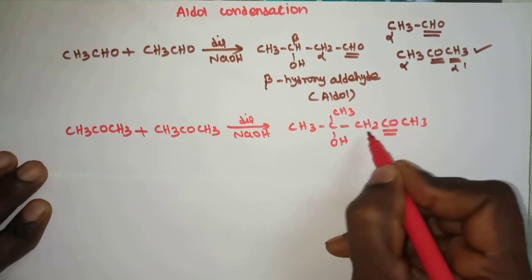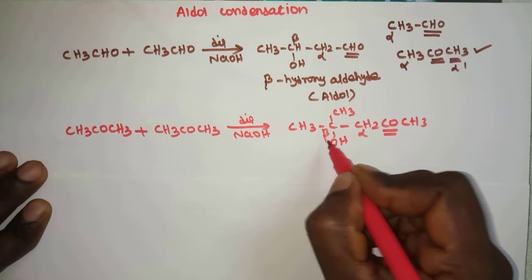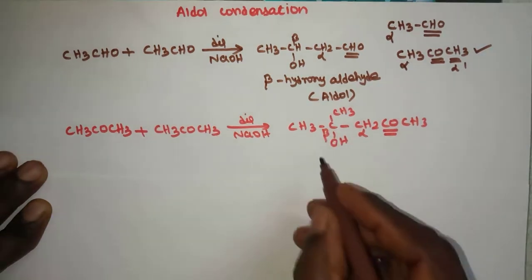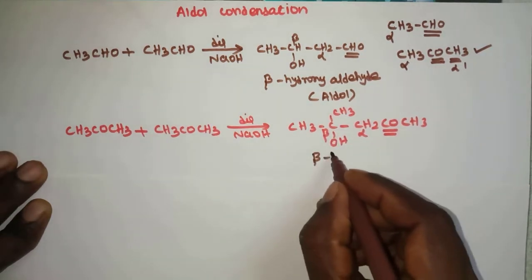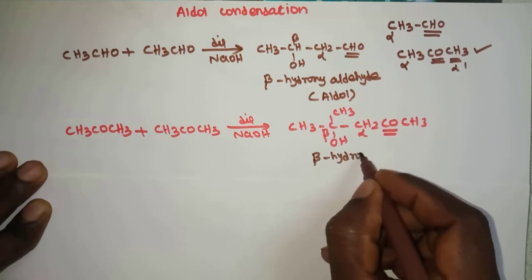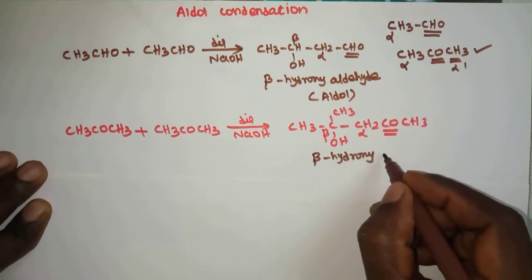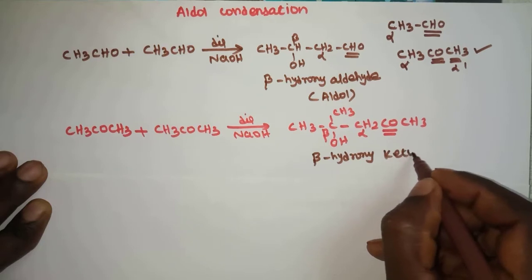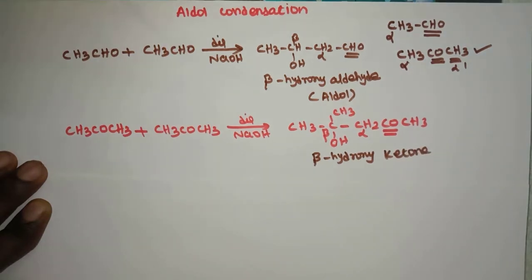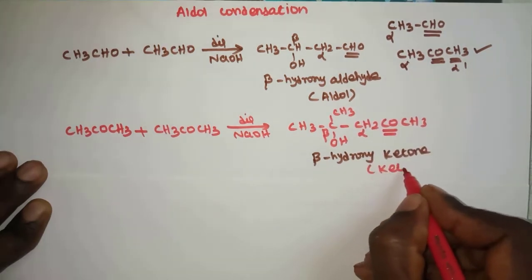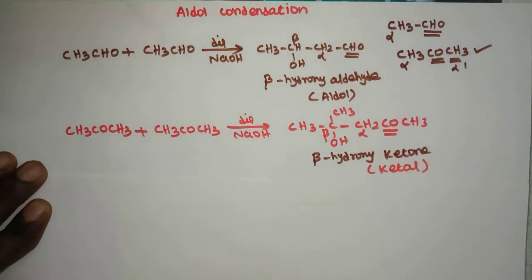This is the functional group. This is the alpha carbon. This is the beta carbon. The name of this compound is beta hydroxy ketone. The common name of this compound is ketol.